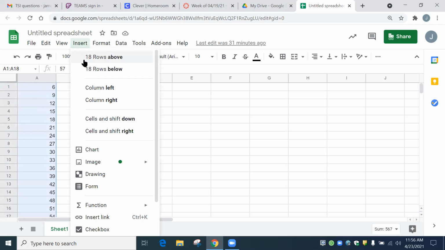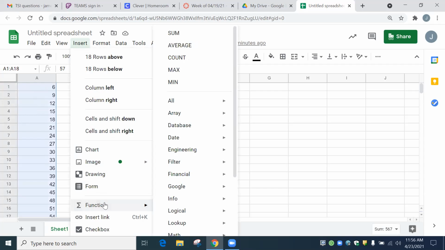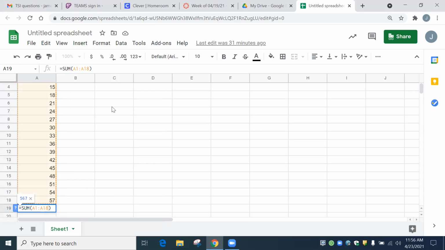So I'm going to insert a function, and I'm going to do a sum, and it should be 567 trees. So if you just start with 6, add 3, add 3, add 3, and write all those numbers down, and then add them all up, you should get 567.